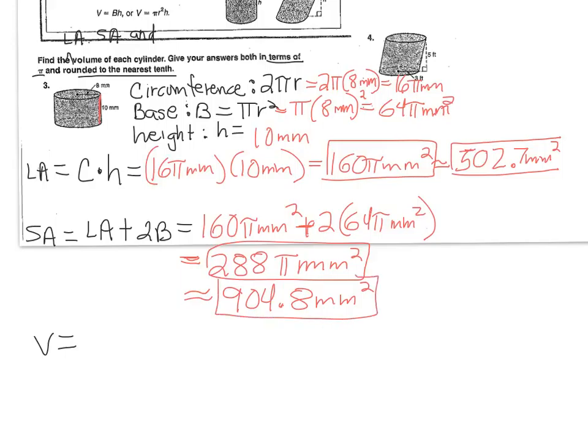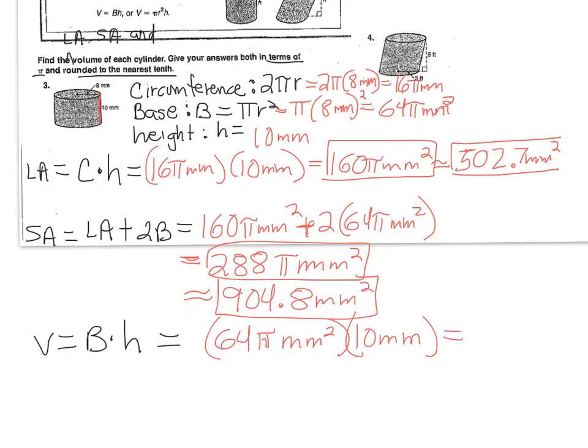And for the volume, all we have to do is get the area of the base times the height. The area of the base is 64 pi square millimeters times the height, and the height is 10. So exact, that would be 64 times 10, which is 640 pi.